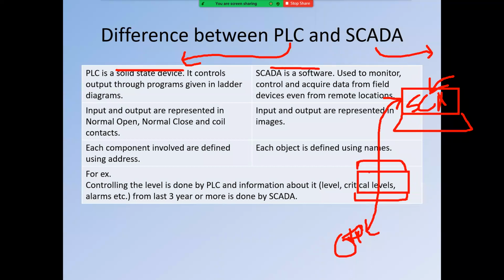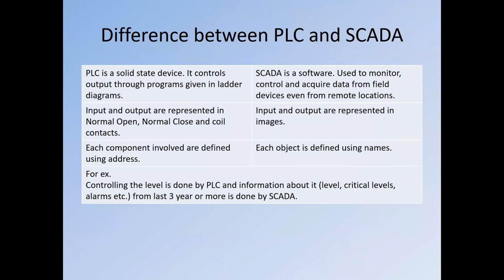And that output slot allows communication with this hardwired motor, correct? So these are the basic things we require for SCADA. Even if you have a SCADA, you cannot control without a PLC. Are you getting it? Because this is the hardware and this is the software.